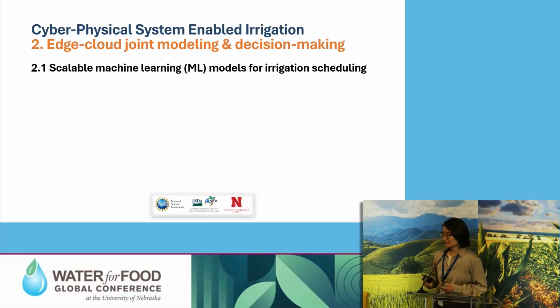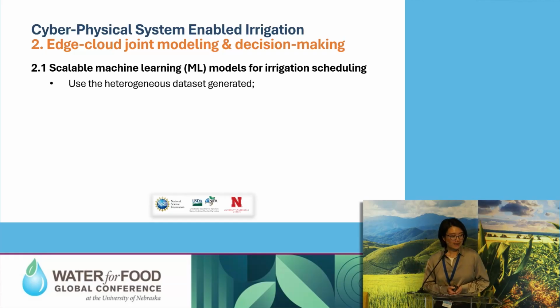This can work complementary to some of the classical existing irrigation scheduling models, such as the SETMI model that Dr. Ivo just talked about. We utilize the heterogeneous data set that I just mentioned in the previous slides, and our current predictor is the soil water depletion.